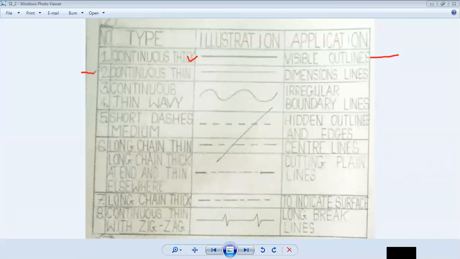Clear? Second is the continuous thin line, like this. Those are used to show dimensions, dimension lines. Then we have continuous thin wavy, like this. It is used to show irregular boundary lines.